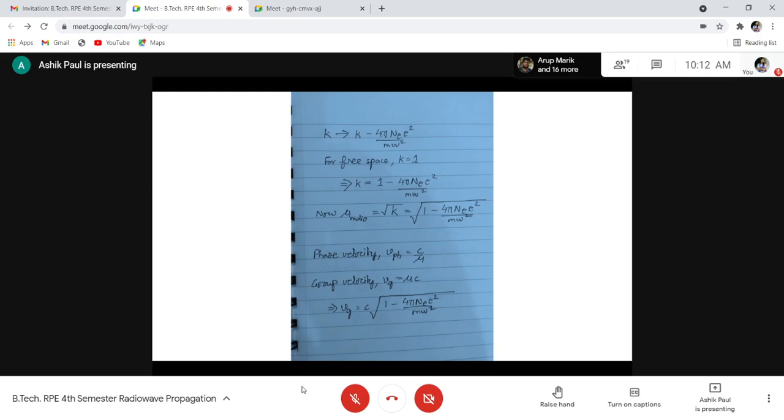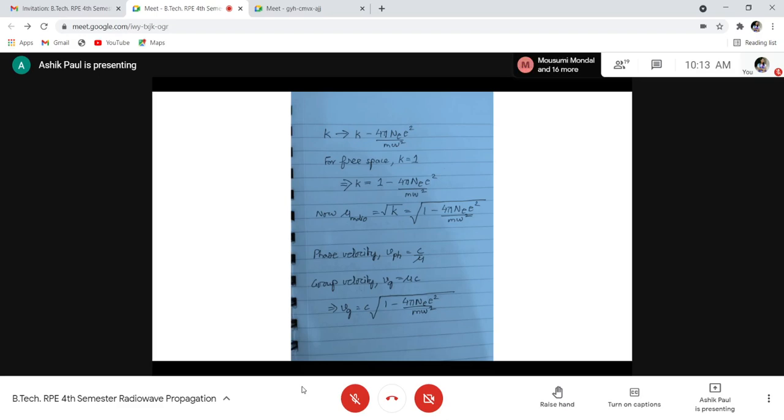The group velocity will decrease as the signal goes higher and higher up to the height of maximum ionization, of course. And there will be a limiting condition when this group velocity will become zero, and it is at that height, under that condition, that the radio wave will be completely reflected back, or it will turn back.